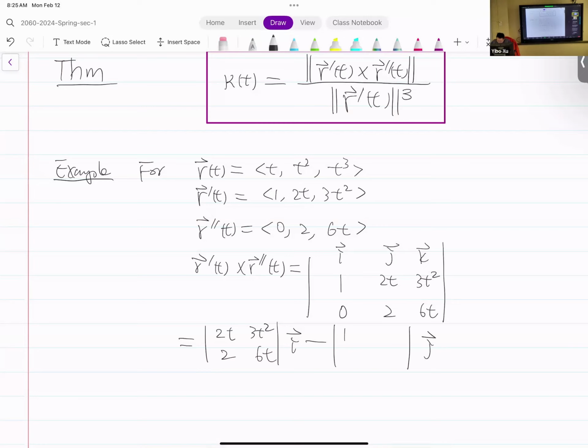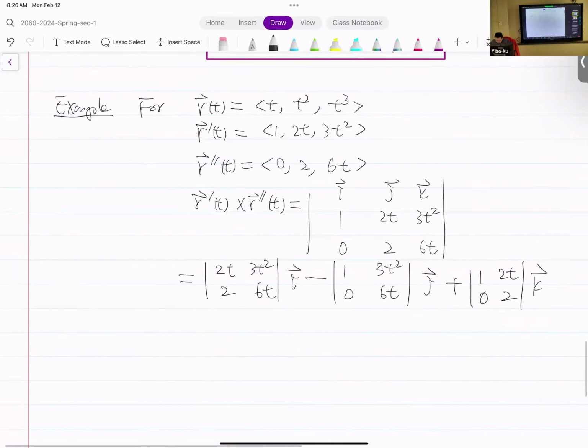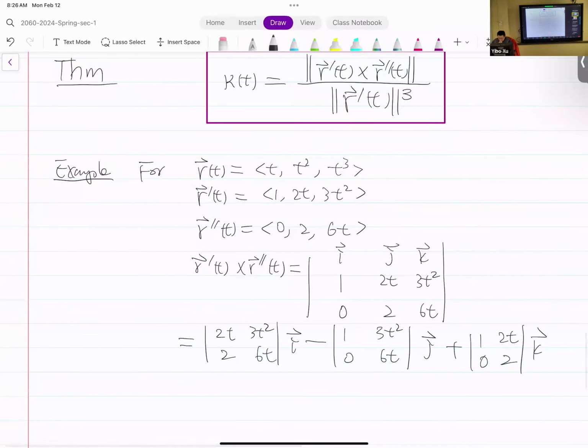Okay, so that's 1, 3t squared, 0, 6t. Right? So always remember, very important, that this is a negative sign in front of the order 2 determinant in front of j. Plus. In front of k, we just eliminate the first row, third column. That gives you 1, 2t, 0, 2. That's the remainder for k.